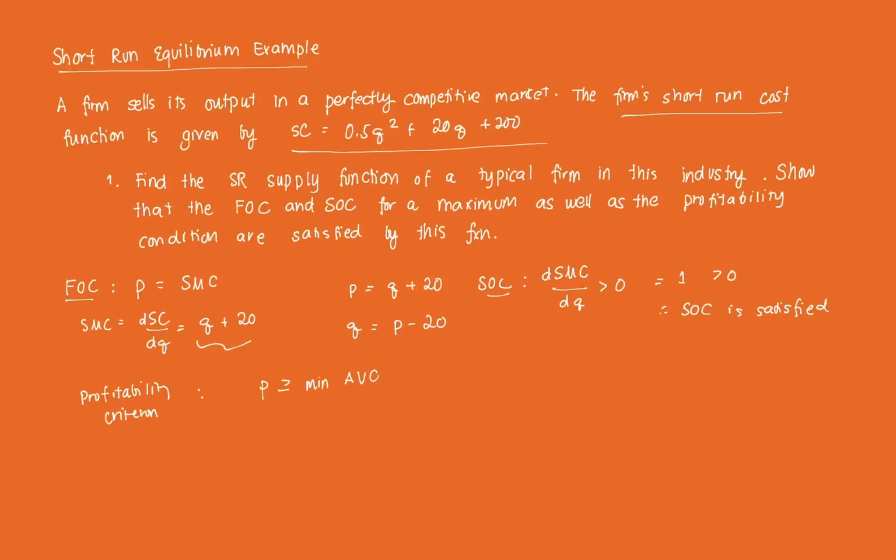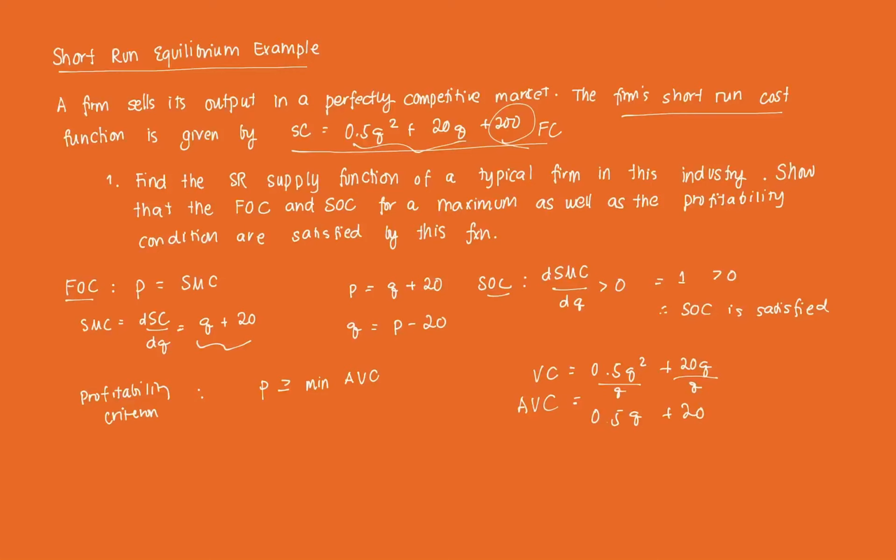From your short run cost, you know that the variable cost is 0.5q squared plus 20q, because 200 is a fixed cost, and both these elements are dependent upon the level of q, which makes them variable. Therefore, we can find average variable cost if we just divide all of this by q, and we get 0.5q plus 20. So that's average variable cost.